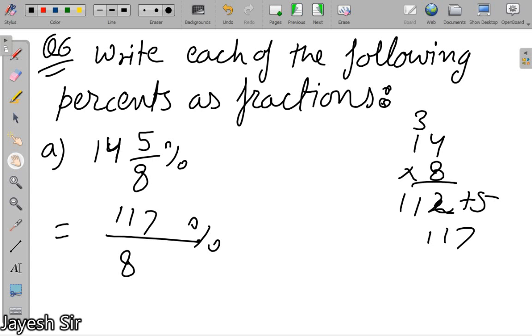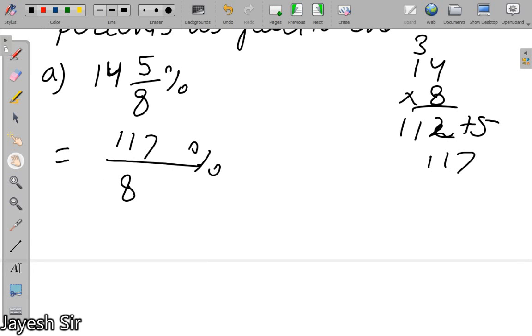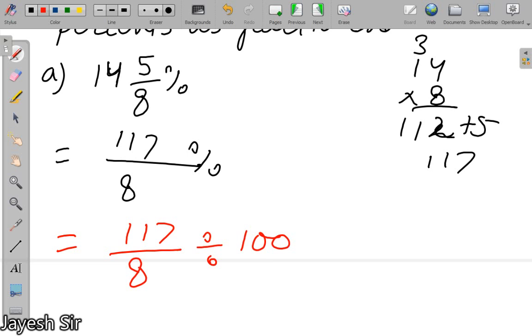Okay. Now what you do is, you remove the sign of the percentage. Listen carefully. To convert this into fraction, to remove the sign of the percentage, you have to divide the number by 100. To make it into percentage, you multiply the number with 100. To make it out of percentage, you divide the number by 100.